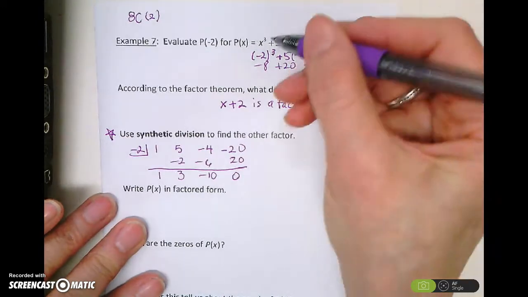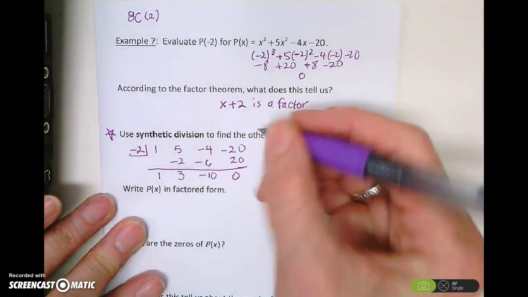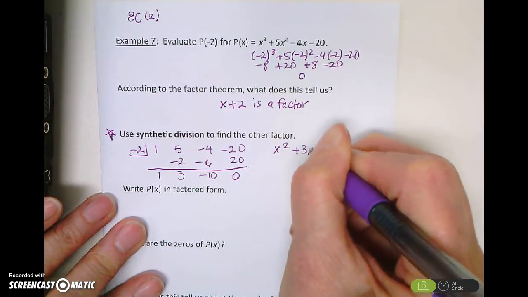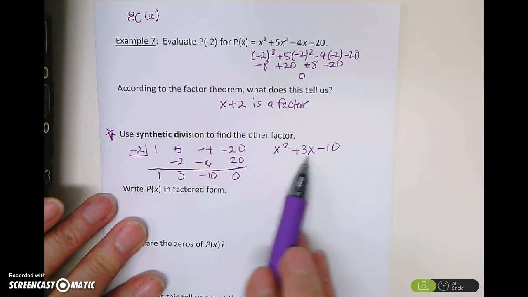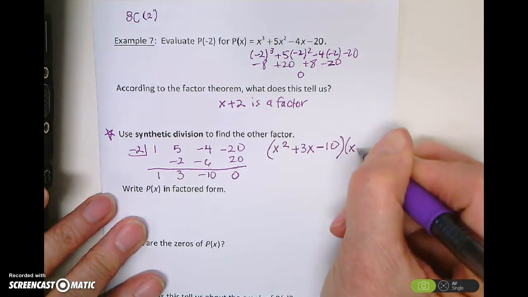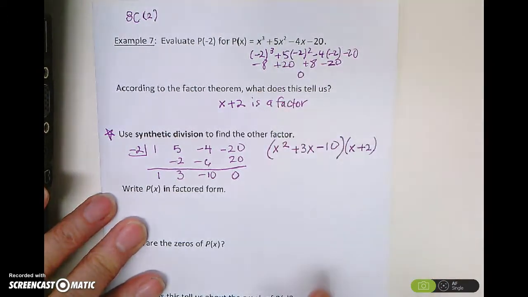So remember that if we start with an x to the third, it's going to drop down to x to the second. So I have x squared plus 3x minus 10 as my remaining polynomial. So right now this really says this times x plus 2 gives me that polynomial.